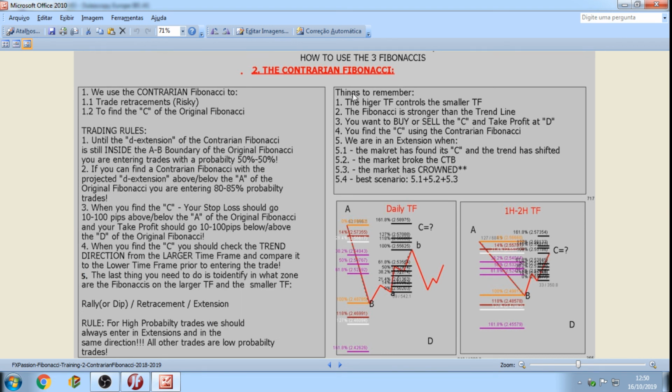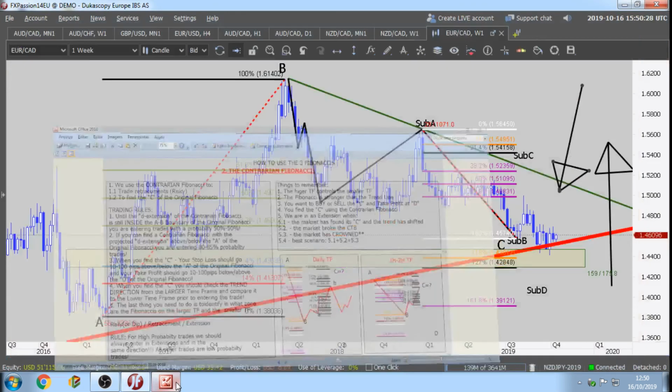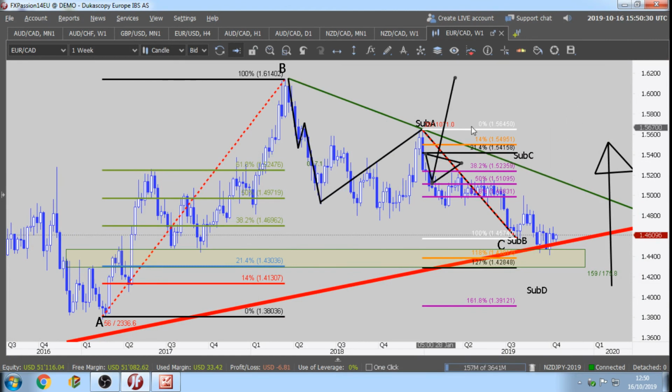Things to remember everybody, the higher time frame controls the smaller time frame. So which is stronger? Is the original Fibonacci stronger or is the contrarian Fibonacci stronger?